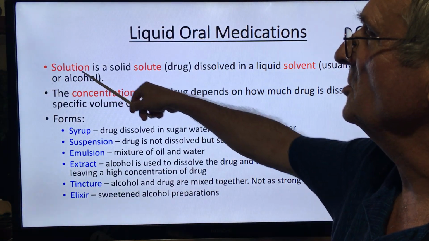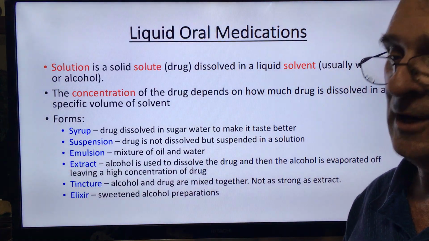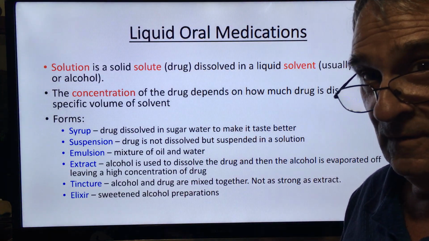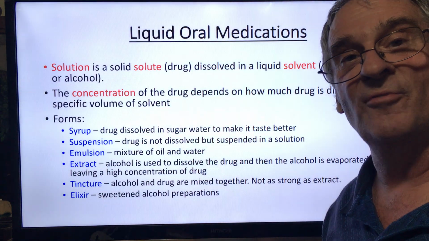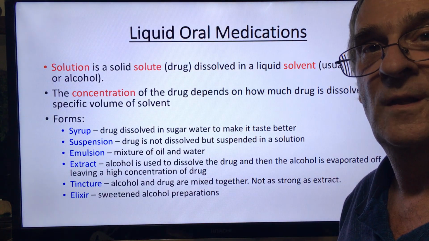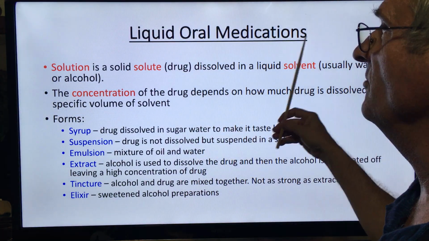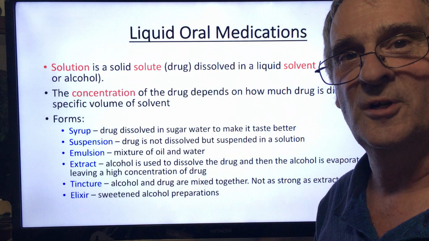But first, the definition. A drug is a solution, which means that we have a solid amount of drug that has been dissolved in a solvent or diluent to create a solution. And depending on the amount of solid that we have dissolved in the solvent is going to determine the concentration.